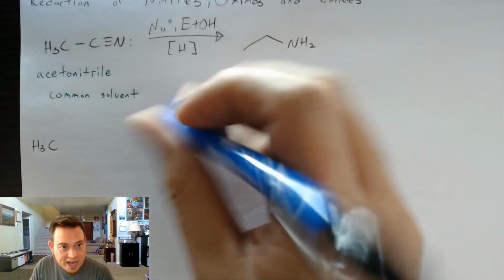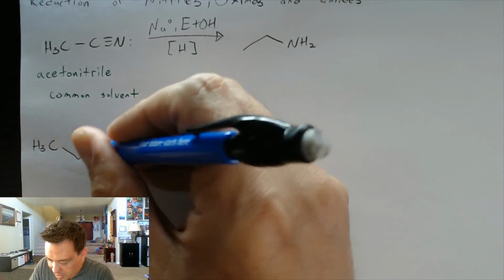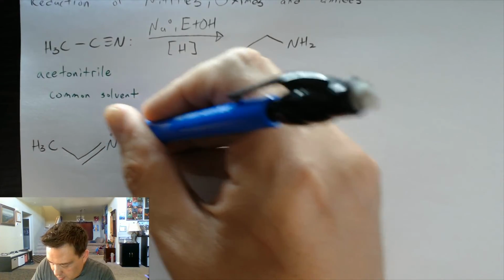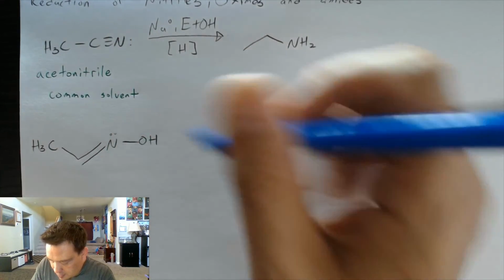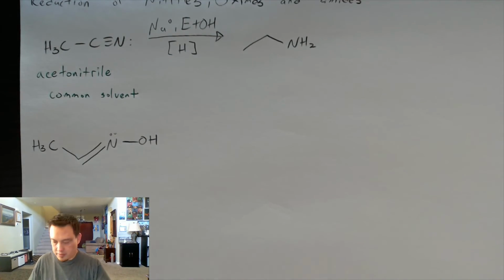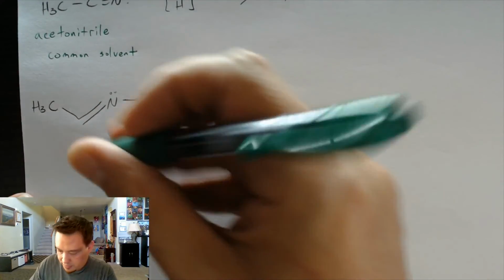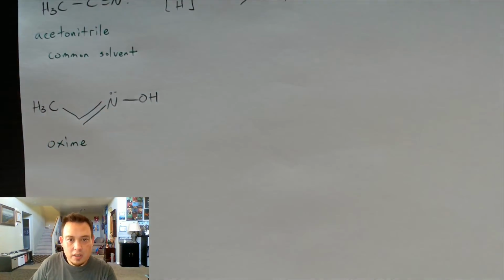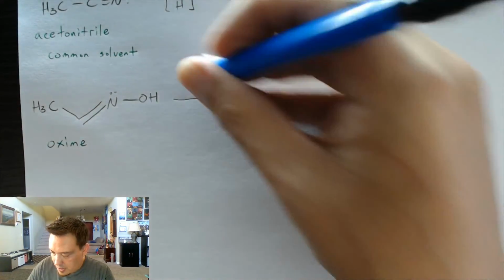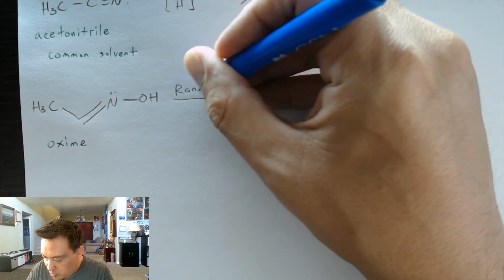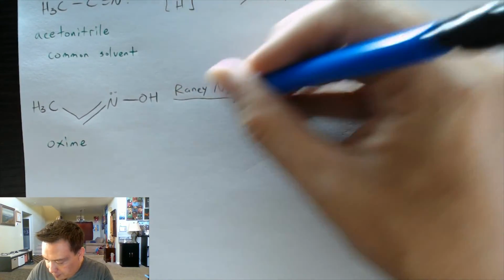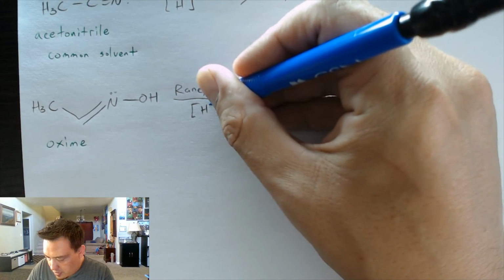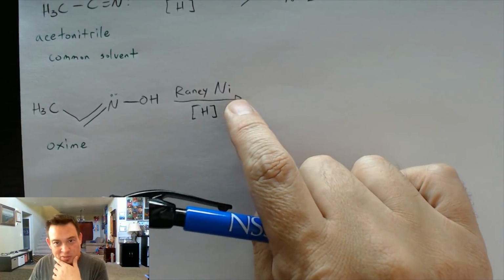The next reaction I have to show you guys is the oxime. So this is your oxime. Like that. The reducing agent for this one here is Raney nickel. I believe you saw Raney nickel before.